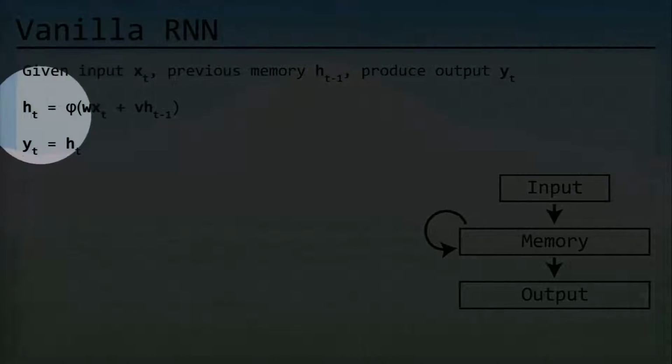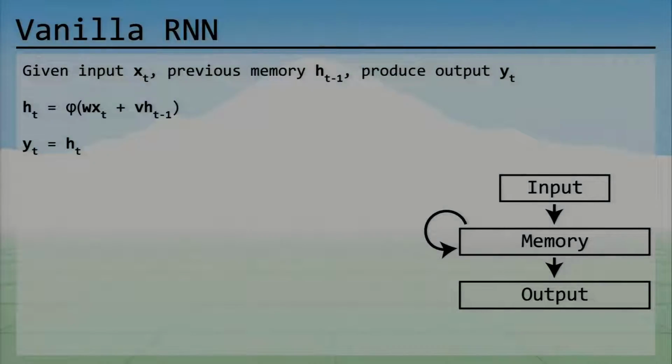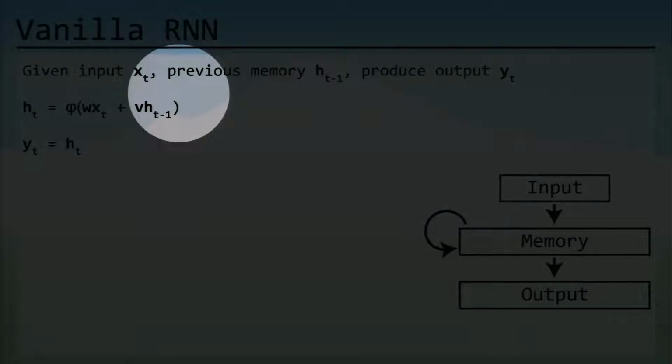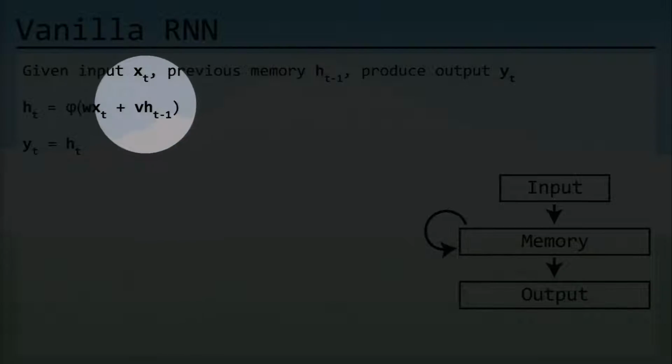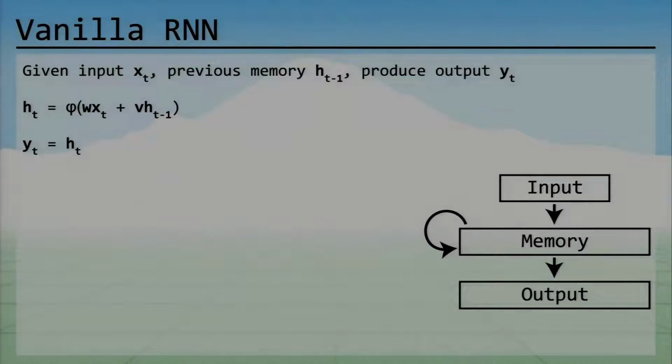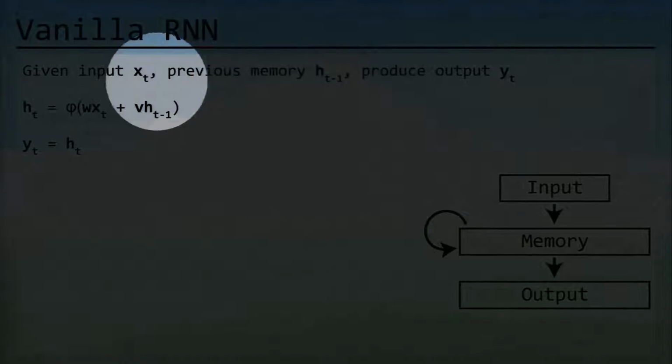So first we have to calculate some new memory or some new internal state. What we're going to do looks a lot like the operations that we've been doing in the past. We're going to have some weight matrix W, and we're going to multiply it by xt. We're also going to have some weight matrix V, and we're going to multiply it by ht minus 1.